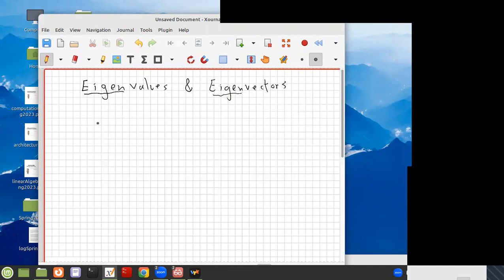Okay, so here's the situation. This topic only applies to square matrices. Determinants will appear, and because all the matrices are square, that's okay.